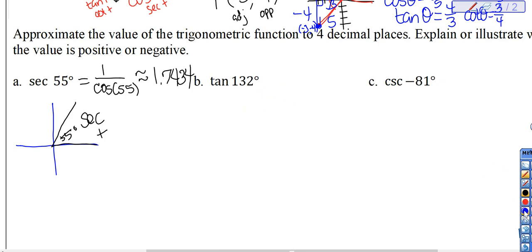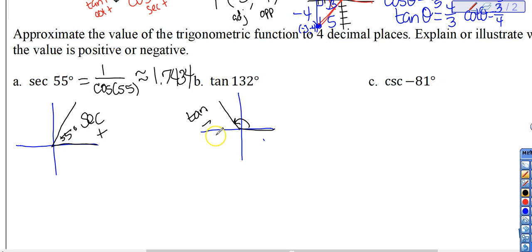Tangent of 132. So first, again, my advice is draw it. So where is its terminal side? Where does the terminal side lie? 132 degrees. Here's 90. Here's 180. So it's definitely over here somewhere in quadrant 2. So tell me what you know about tangent functions in quadrant 2.